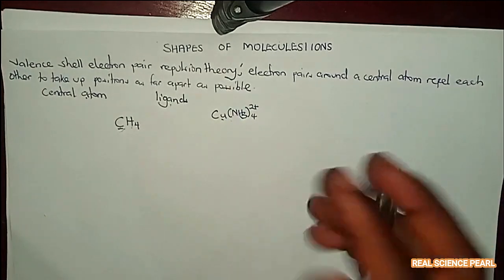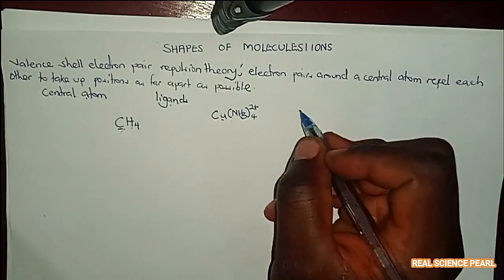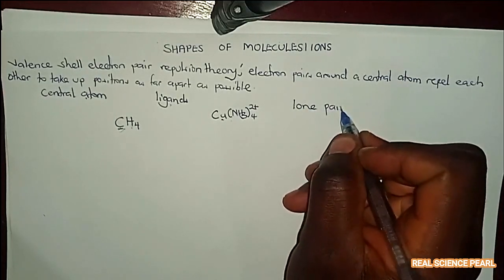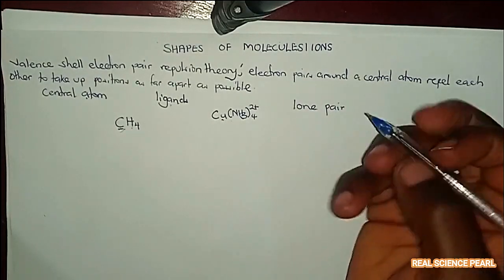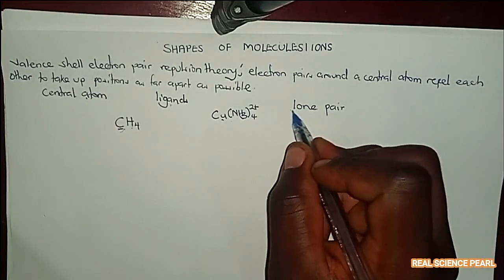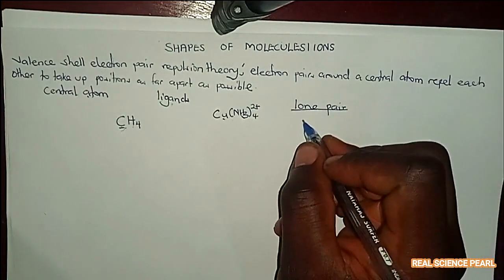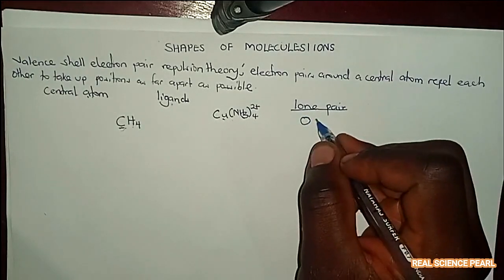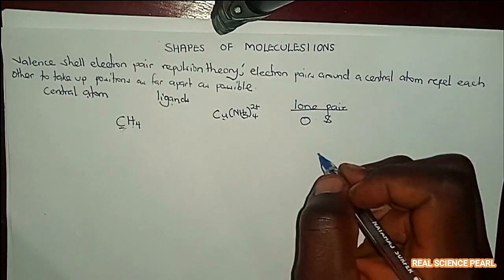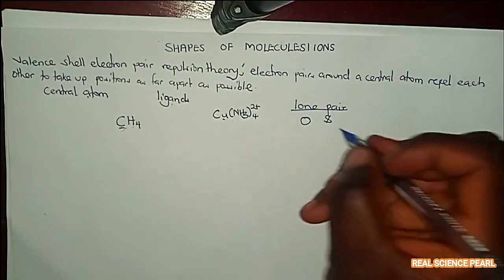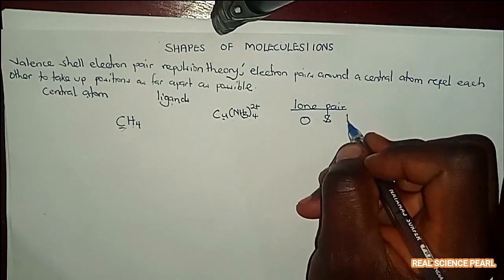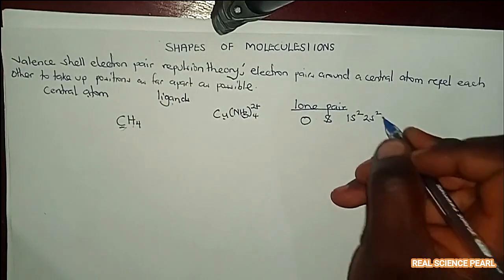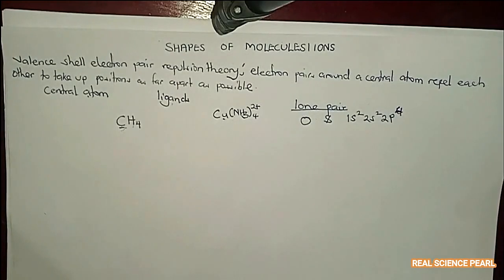Now there is also another thing which you need to know. There's what you call the lone pair. In case we have oxygen, which has atomic number 8, its configuration is going to be 1s2, 2s2, 2p4.